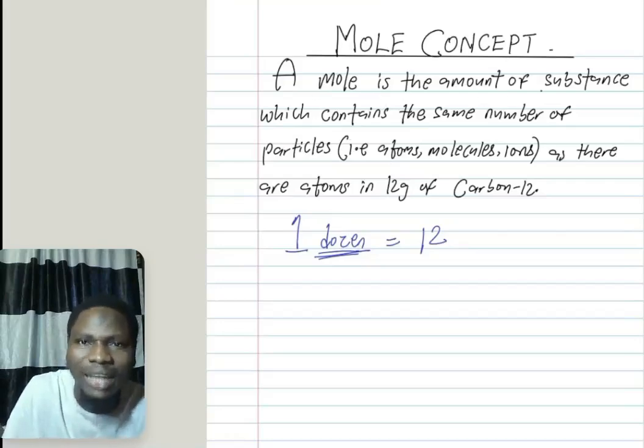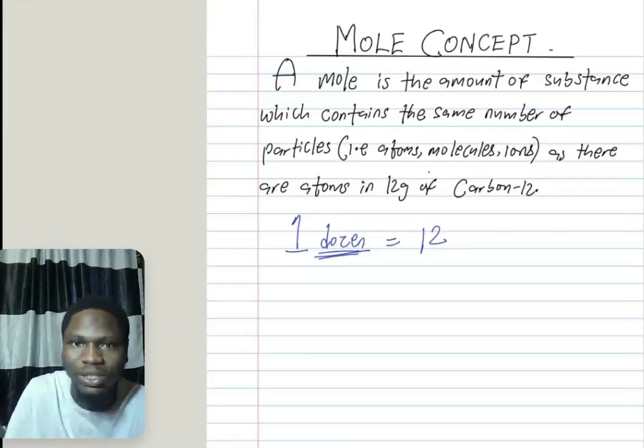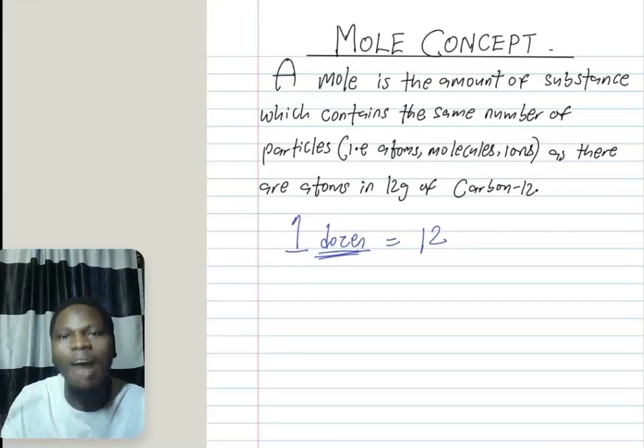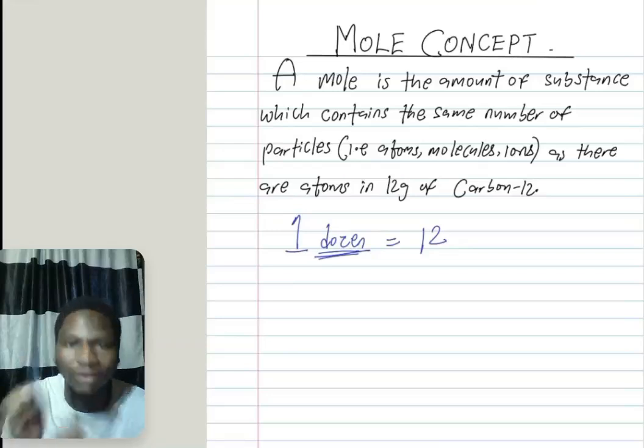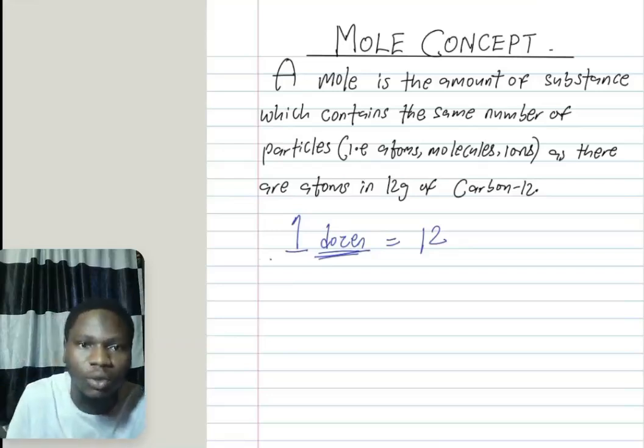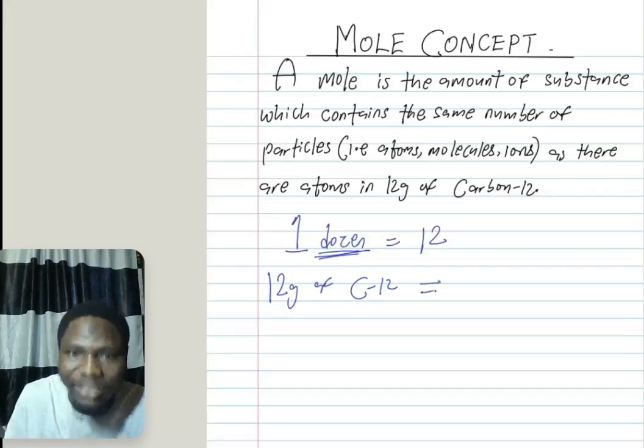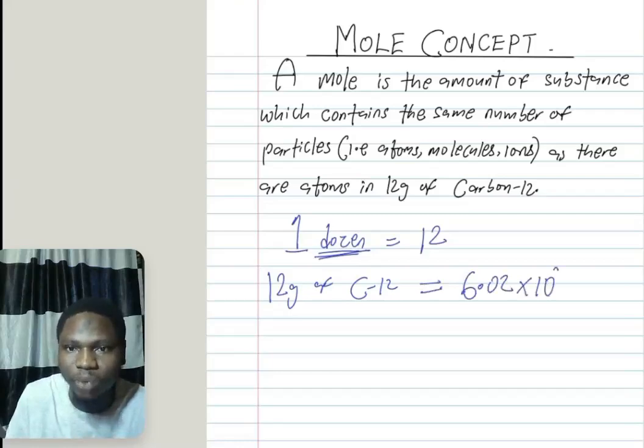A mole is that amount of substance which contains the same number of particles as they are in 12 grams of carbon 12. Now the question is, how many particles are in 12 grams of carbon 12? Take note that 12 grams of carbon 12 has 6.02 times 10 to the power of 23 particles.